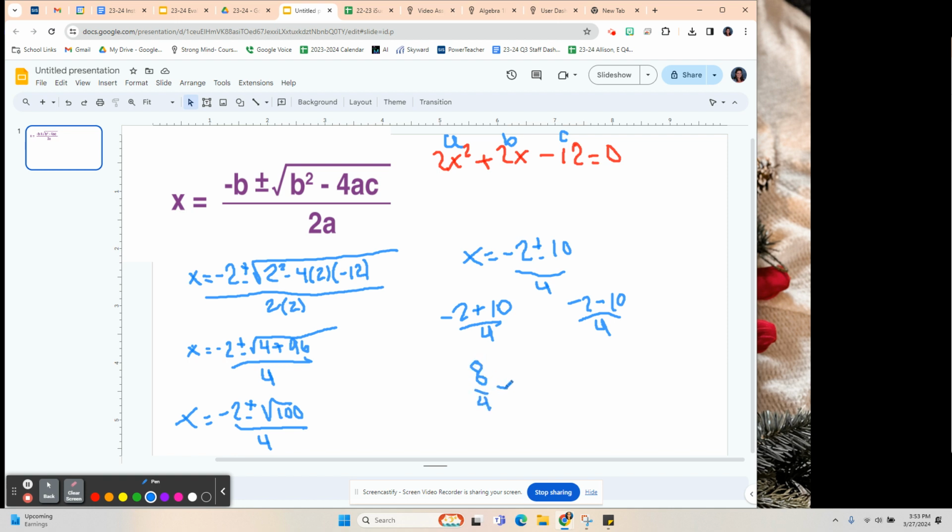And 8 divided by 4 is 2. And then over here I have negative 2 minus 10, which is negative 12 over 4, which is negative 3. Okay, so our two answers here are 2 and negative 3.